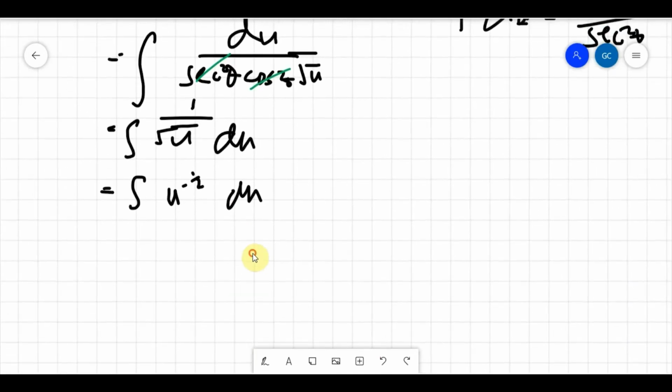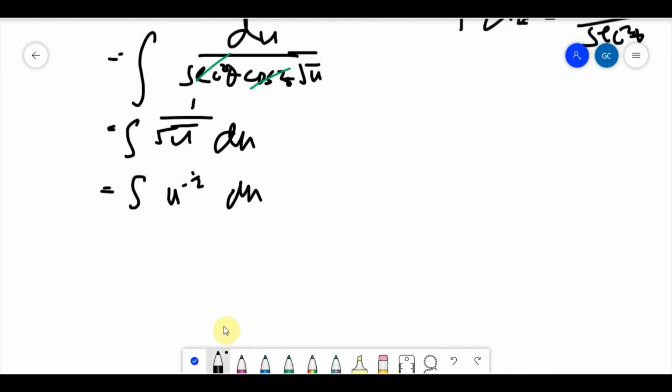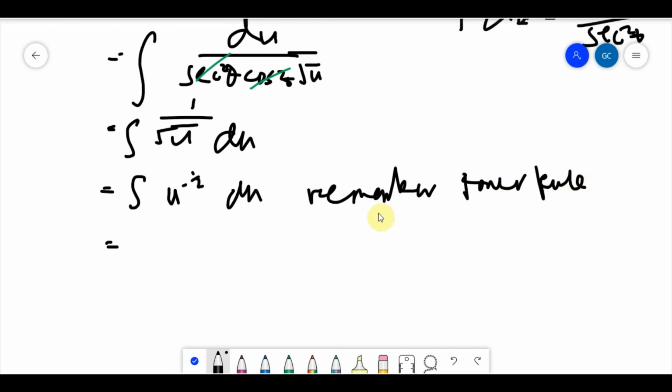Alright, u to the negative 1/2 du. Remember, we will apply the power rule now. Now negative 1/2 plus 1, that would be 1/2.